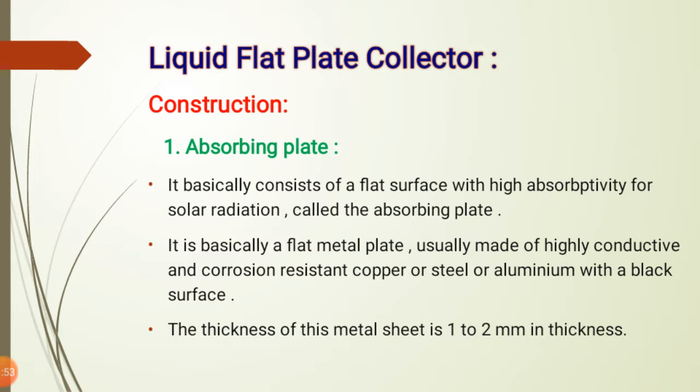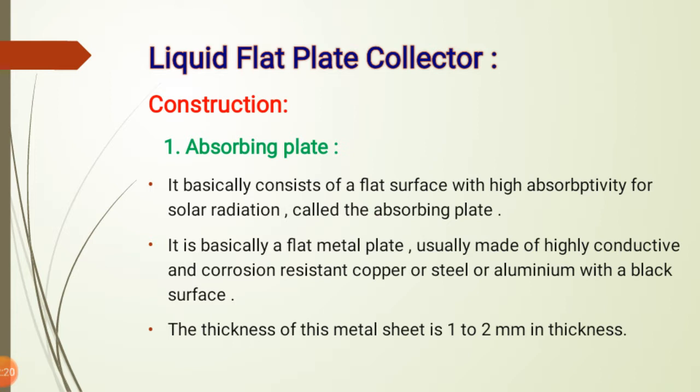If the absorption of the solar radiation is more, then we will get more heat, so the instrument gives us high efficiency. That means the performance of that instrument for the collection of the radiation or heat energy is very high, so we will get the maximum energy for utilization.